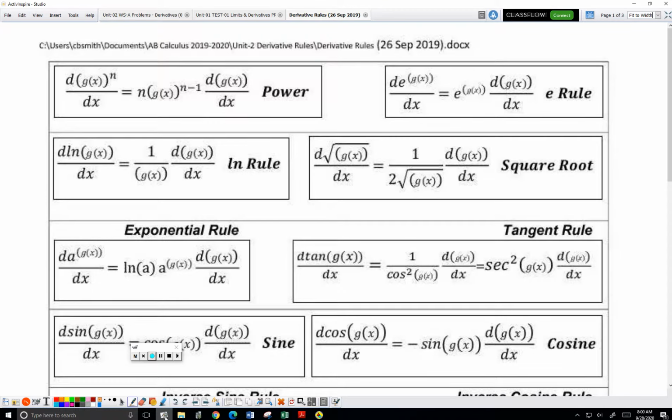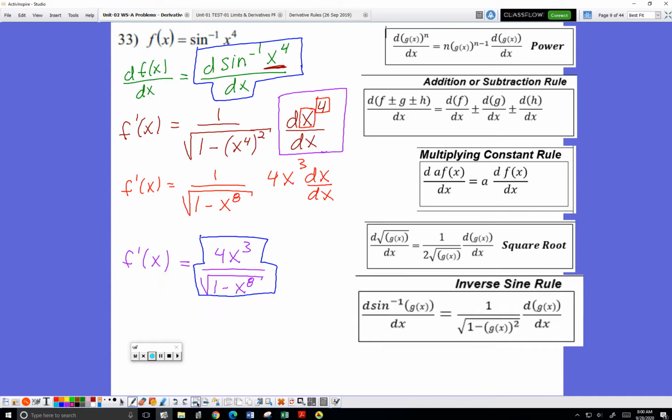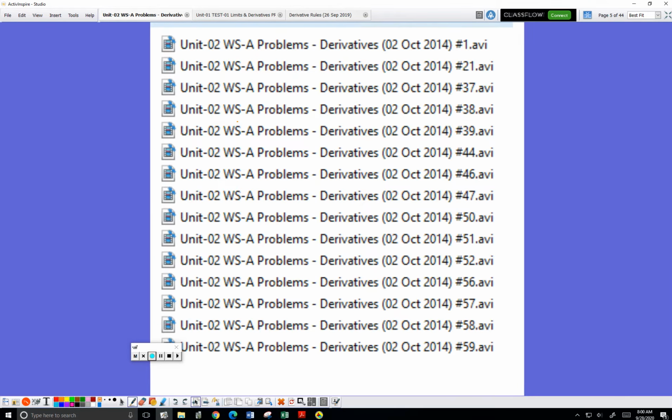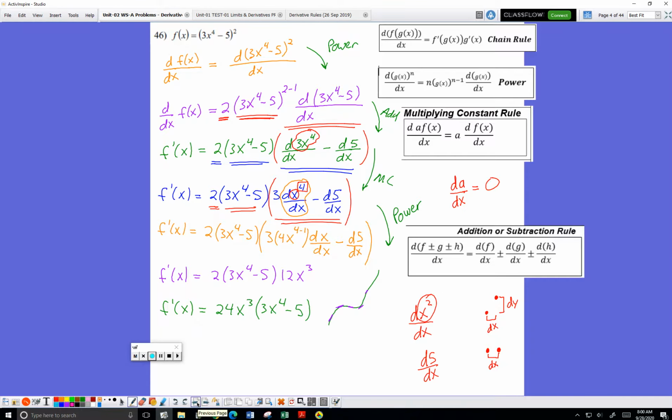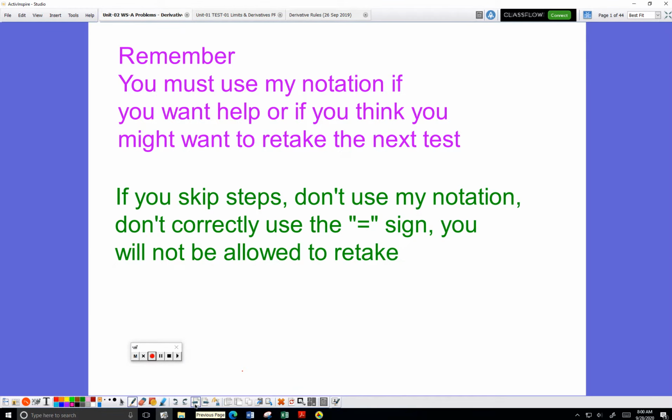Okay, it really is important that you use proper notation with this unit. It's the only way you learn how to write in such a way that you get points on the written section. It also prevents a lot of mistakes. So here are the rules. You have to use the notation I show you. You cannot invent your own. I've had students in the past who create their own notation.